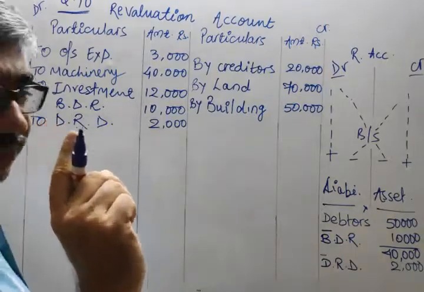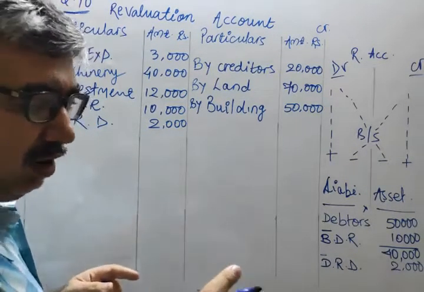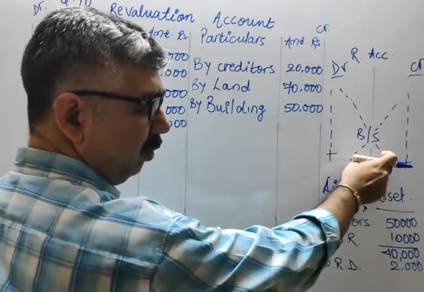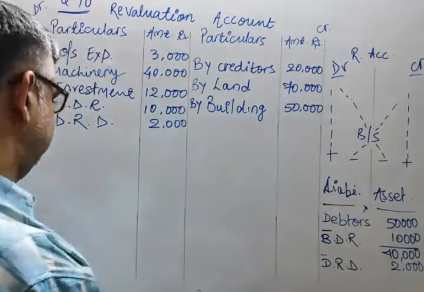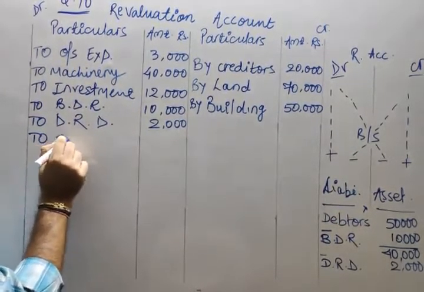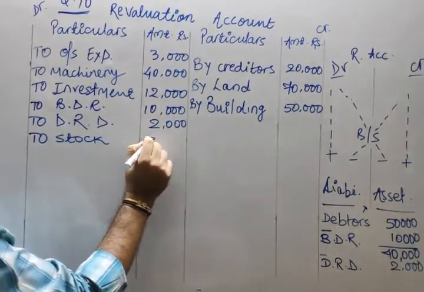Stock value of 15,000 reduced by 20%. Stock, an asset, reduced. So cross to stock, 3,000.